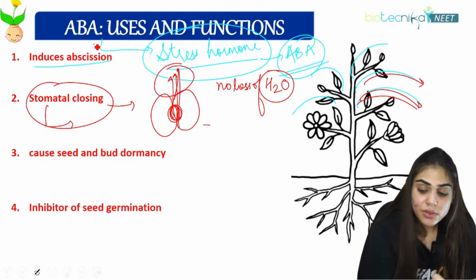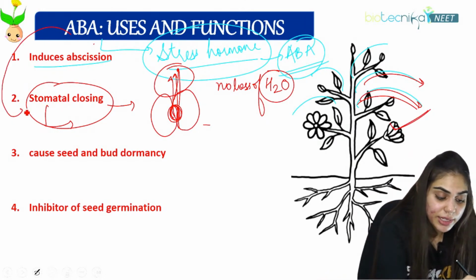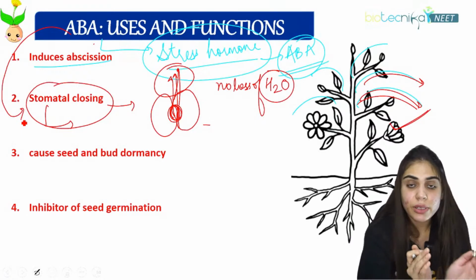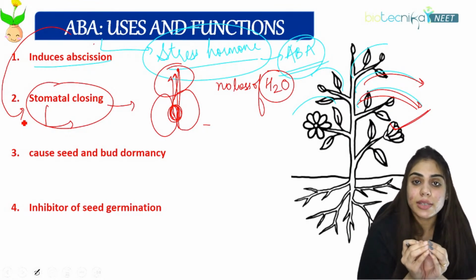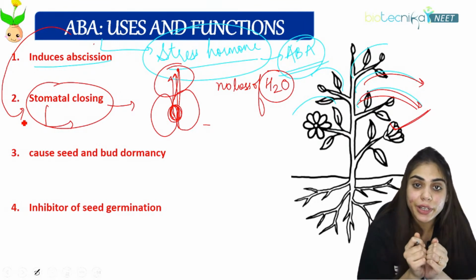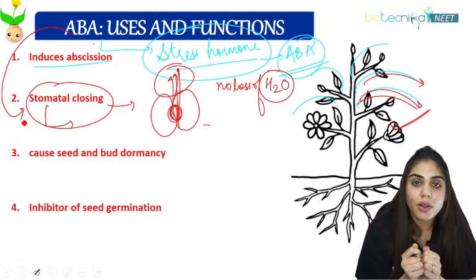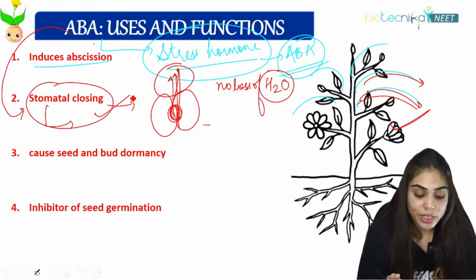So as the stress is encountered by the plant body, it will start releasing abscisic acid. This abscisic acid will soon close the stomata, so there is no transpiration from the plant body, and water will be retained inside. It will not be lost to the surroundings. That is how it helps in stomatal closing.